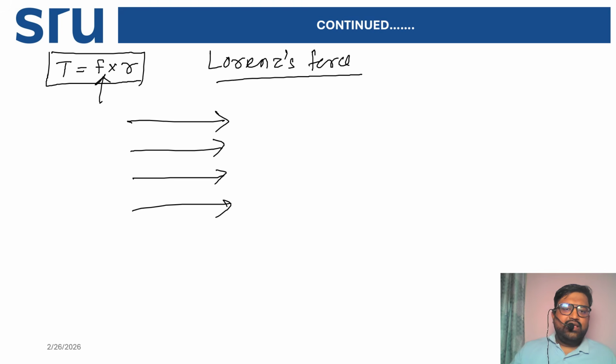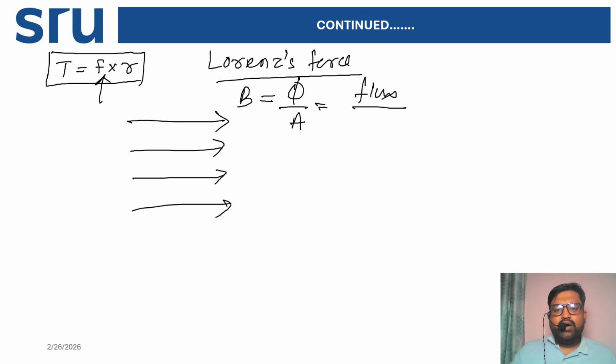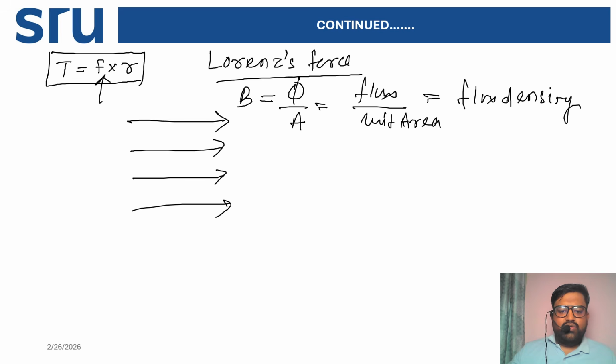Then we can say that is your magnetic flux density. B is nothing but phi by A, that is your flux per unit area, where B is your flux density. Now suppose there is a current carrying conductor, in which the current is flowing and the conductor length is L.